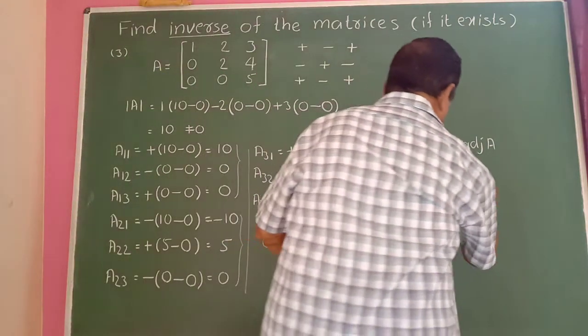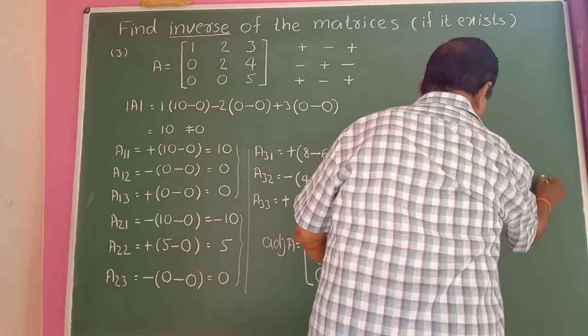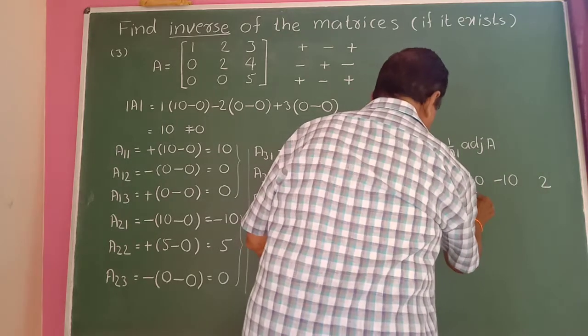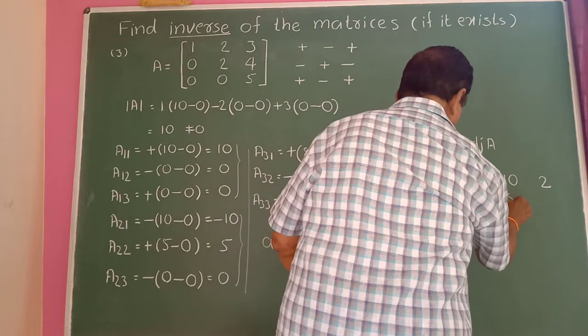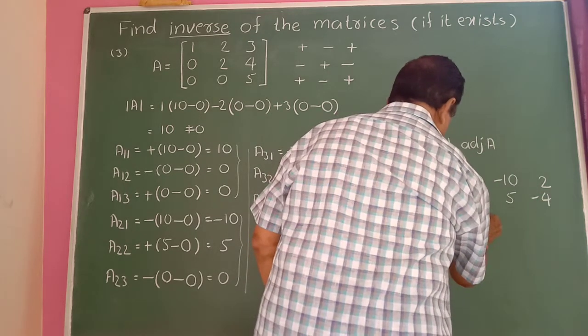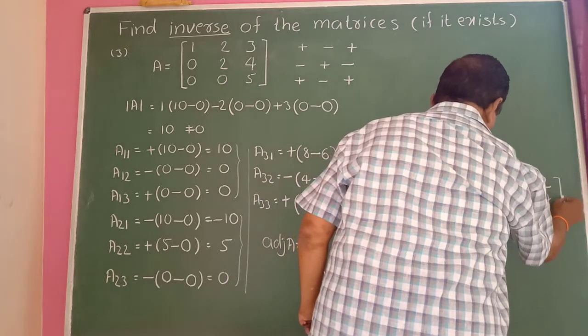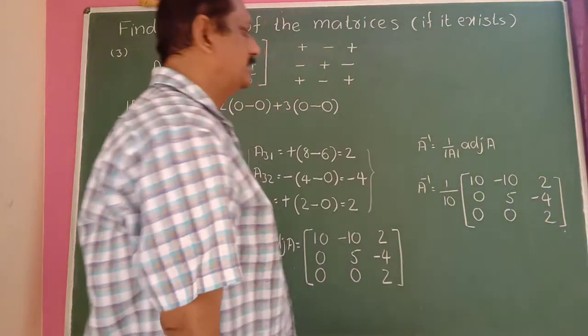So 10, minus 10, then plus 2 here, then 0, plus 5, minus of 4 here, then 0, 0 and plus 2. So this is the answer here.